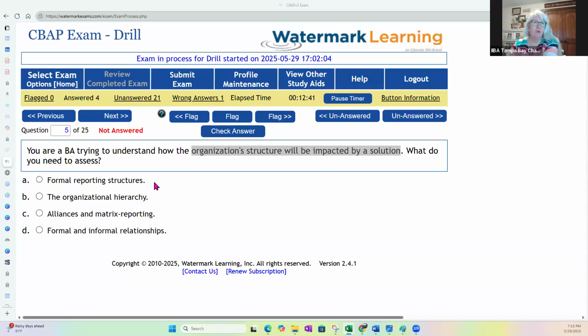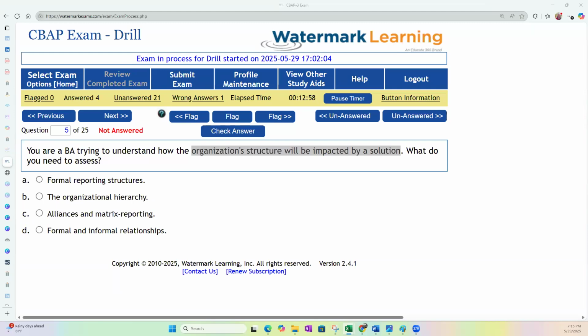So the options are formal reporting structures, the organizational hierarchy, alliances and matrix reporting, and formal and informal relationships. I'm thinking about B because A is kind of a subset of B. I mean, if we assess the organizational hierarchy, A also seems to be within that.